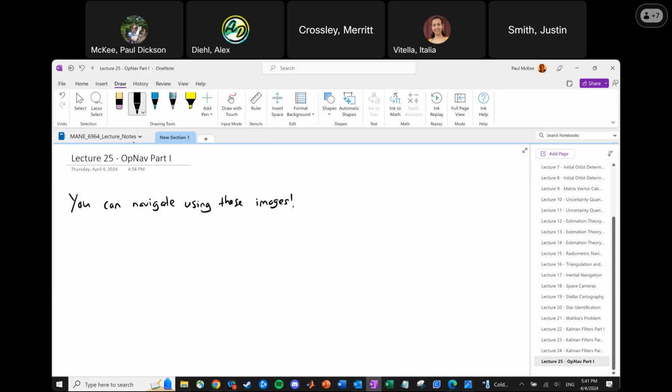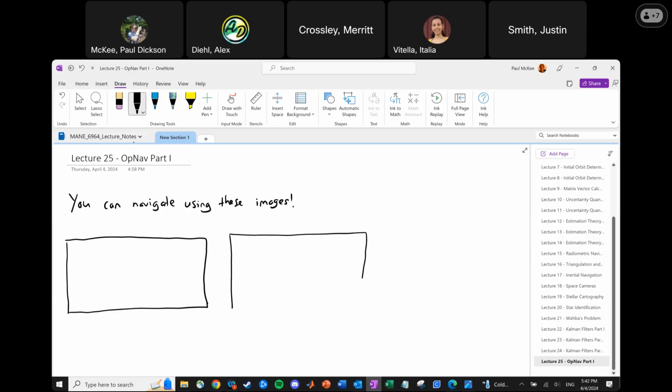So I'm going to draw 3 images. First, I'm going to attempt to draw 3 rectangles, so wish me luck. And then I'm going to draw 3 different images. And each of these has enough information for you to navigate. What do I mean by navigate? To estimate your state, or at least your position, maybe not your velocity. One thing at a time, though.